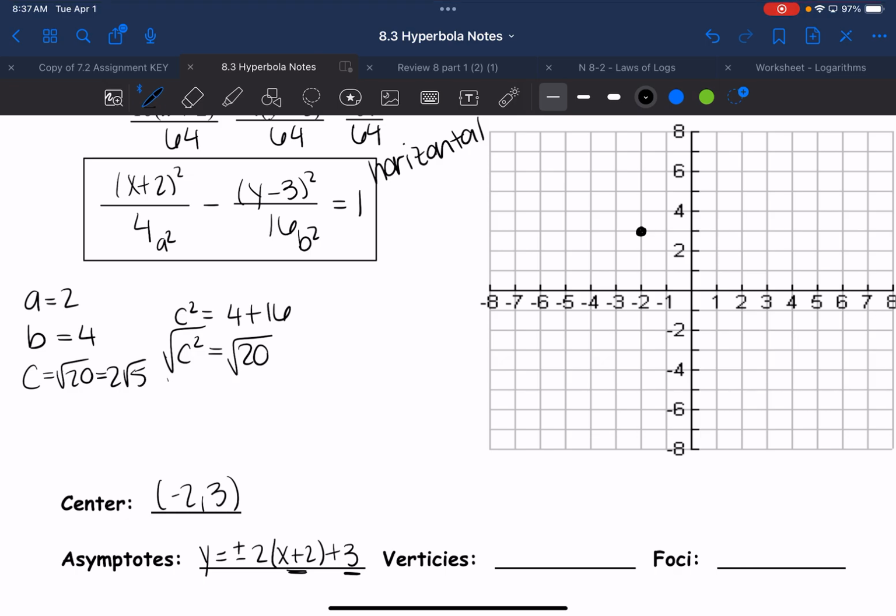Okay, so I know that this line has been also shifted over 2 and up 3, right? And going to have a slope of 2, right, in either direction. So up 2 and over 2 in the positive direction, and then also down 2 and over 2 in that other direction. Sorry, down 2 over 1.